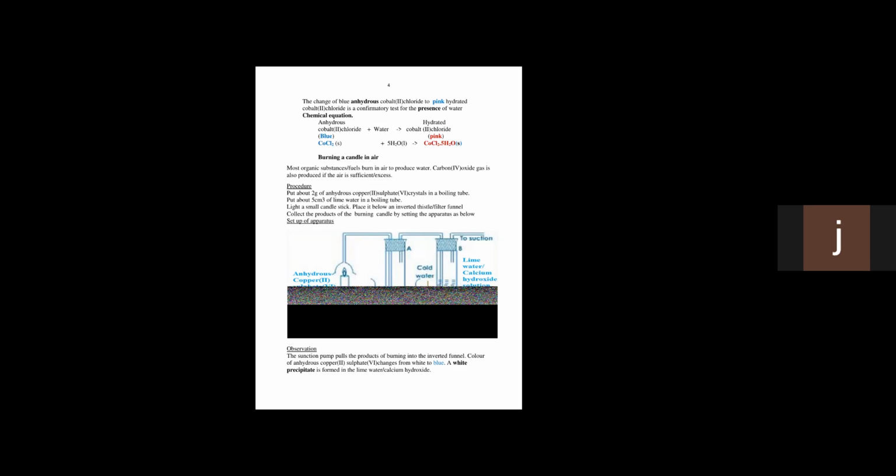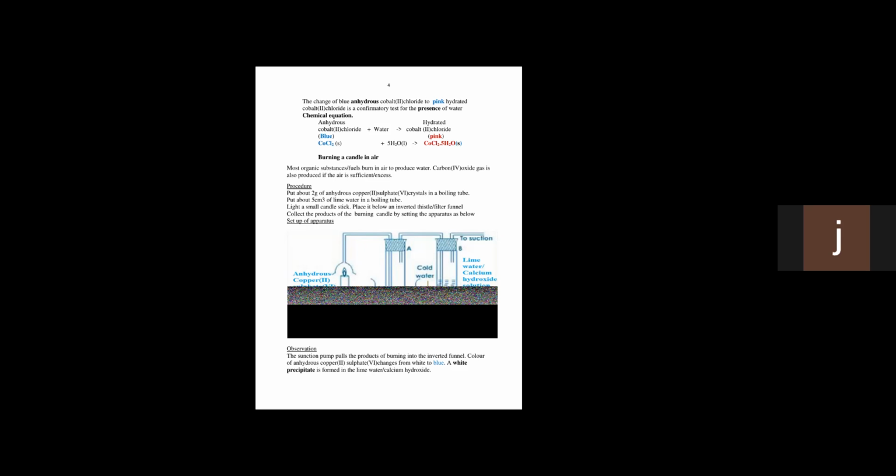The last test you can carry out is to determine the boiling point of water. Pure water boils at 100 degrees Celsius under atmospheric pressure of 760 millimeters of mercury.